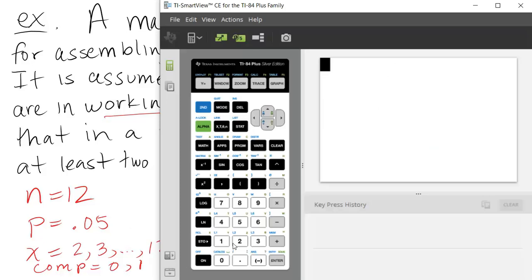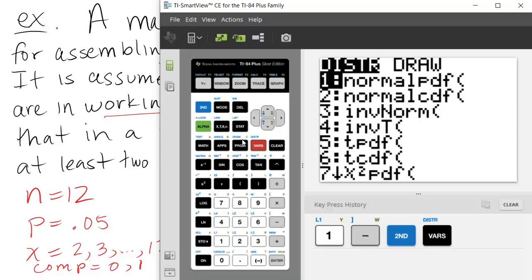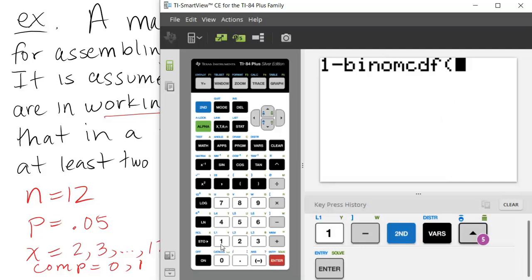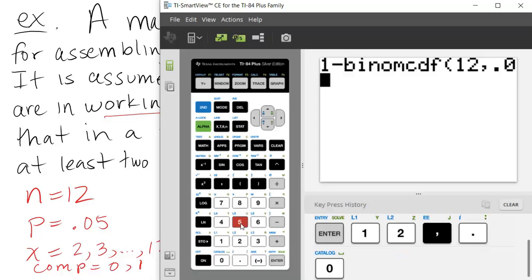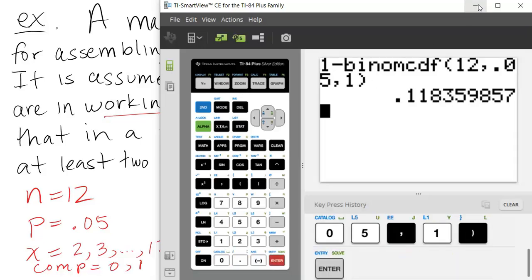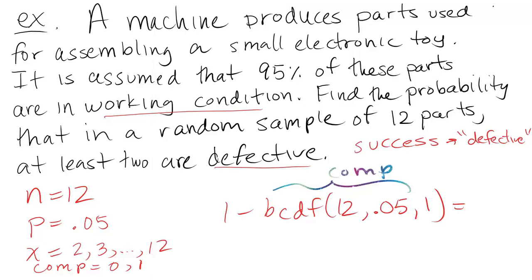Okay, let's put this in. 1 minus, second bars, Binomcdf, 12 trials, 5% probability of success because I chose a success to be a defective one, and our complement ended at 1. So we get about 11.8%. This is about 0.118, which is 11.8%.